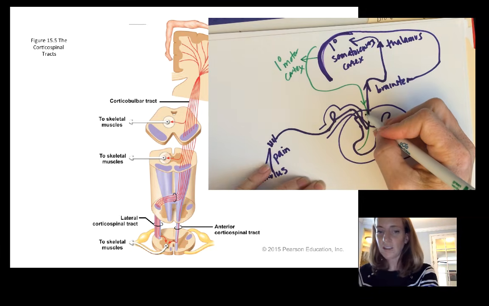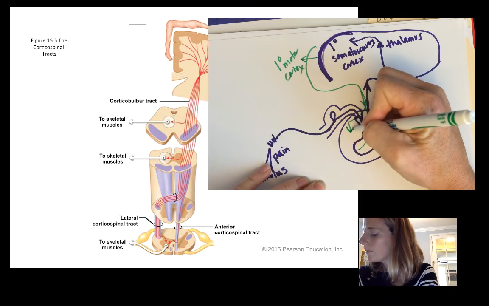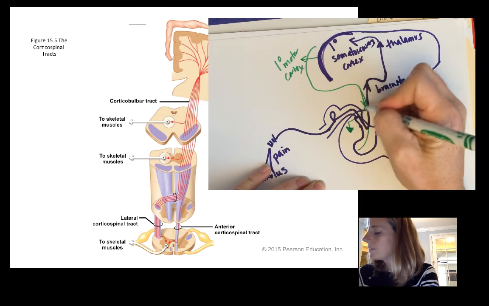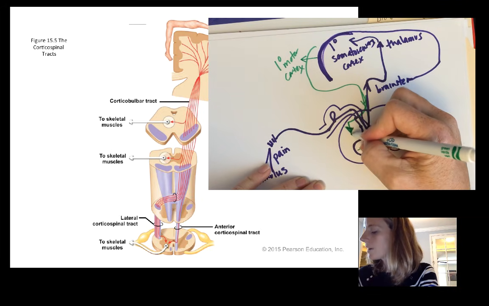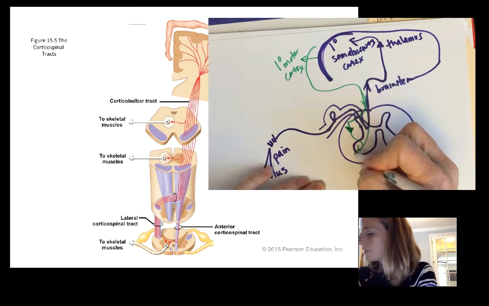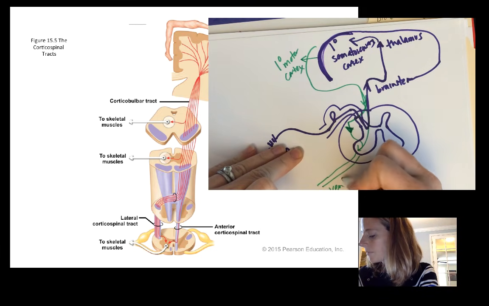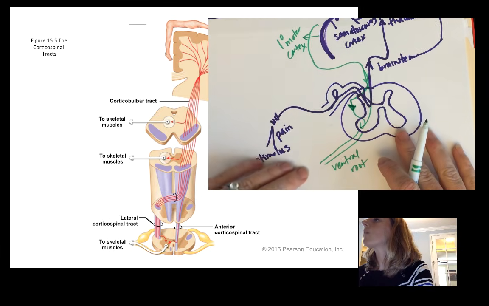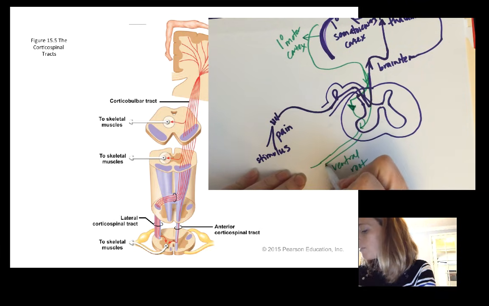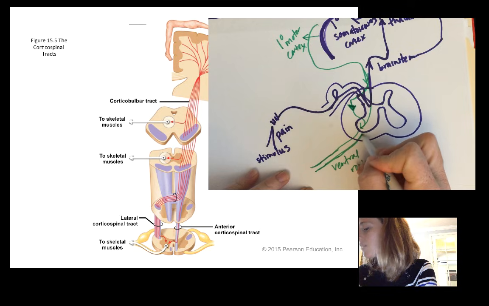That information is going to travel through the descending pathways of the spinal cord, and then out the ventral root. And then you can respond appropriately. For example, you may want to walk away from the painful stimulus. You're going to go sit down on a bench to get away from it.